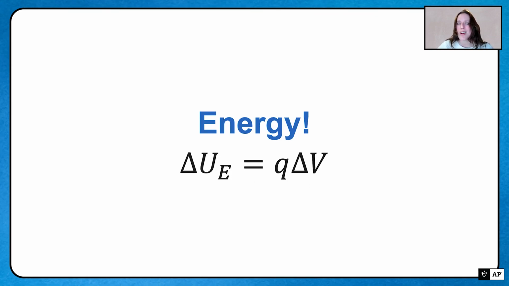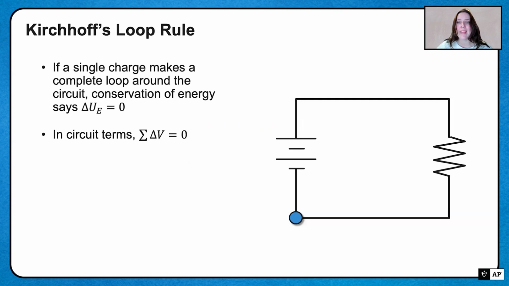So when we're talking about conservation of energy or a change in energy, we can also talk about a change in potential. And that's how we discuss these things in circuits, because it's a lot easier to talk about change in potential, aka voltage, than it is to talk about energy. And that's where this Kirchhoff's loop rule comes in.